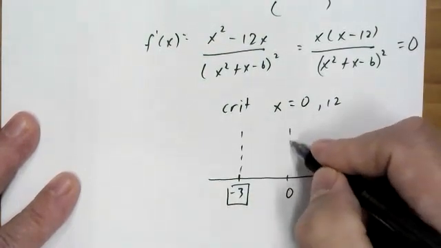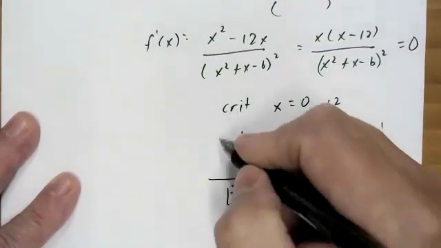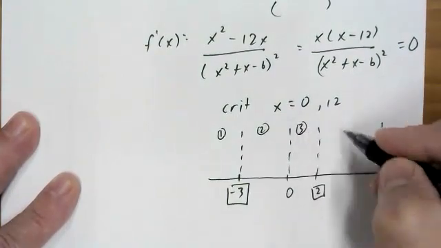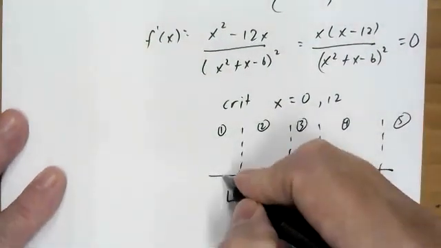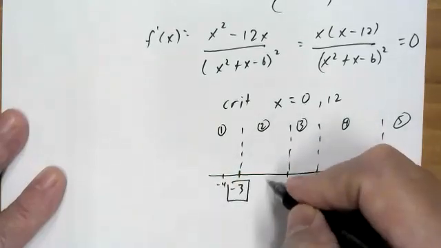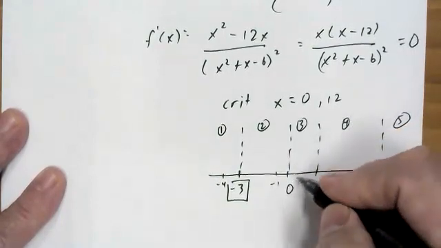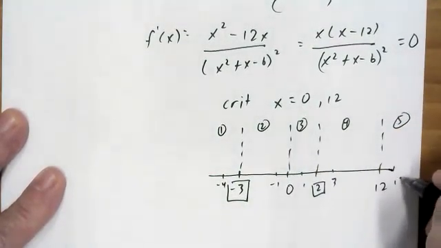Wow. So I've got 1, 2, 3, 4, 5 regions. So test points -4, about -1, about 1, about 3, and 13.